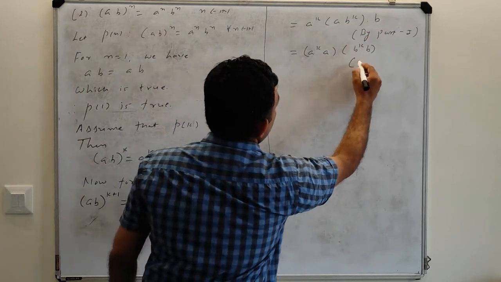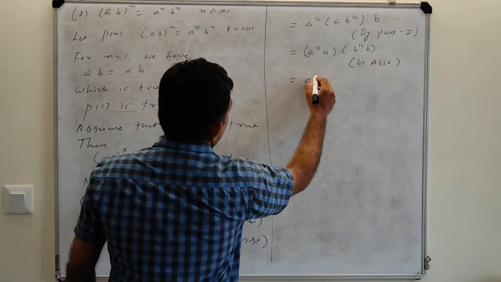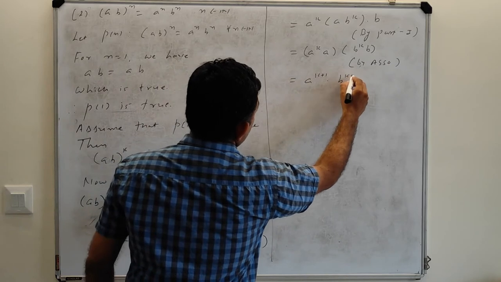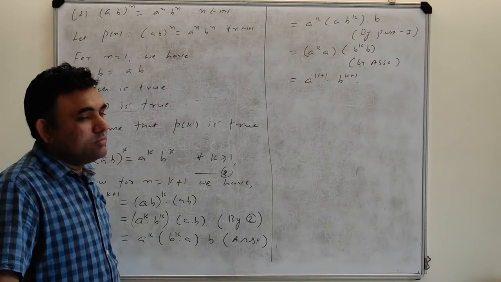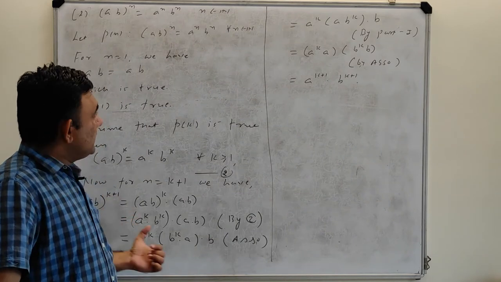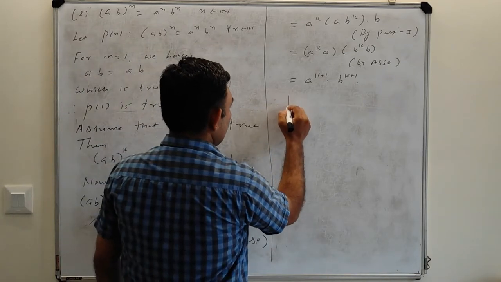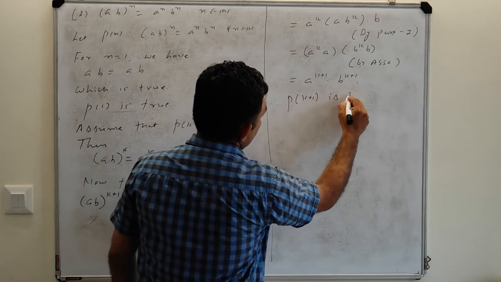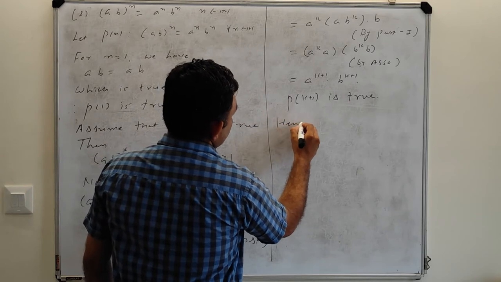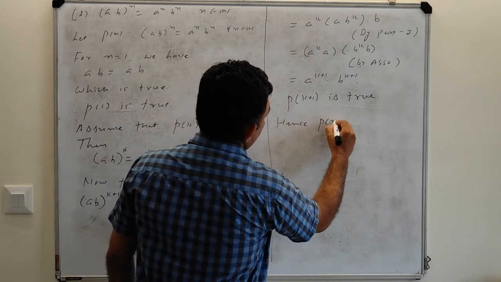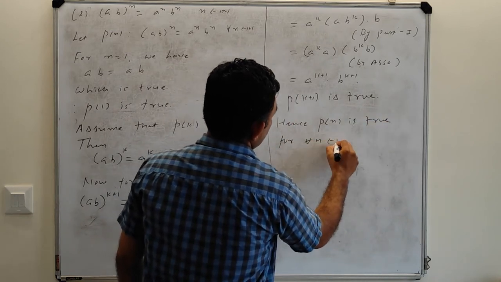So again this is by associativity. So this is A raised to k plus 1 into B raised to k plus 1. So AB raised to k plus 1 is A raised to k plus 1 into B raised to k plus 1. So therefore P of k plus 1 is true. So hence Pn is true for all n belongs to N.